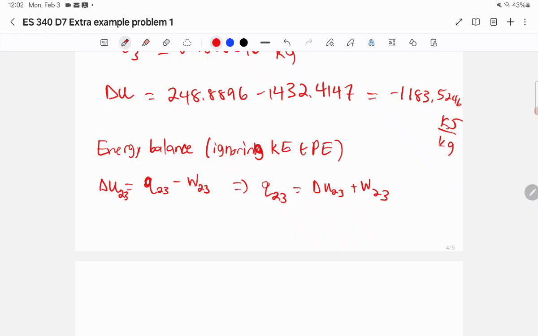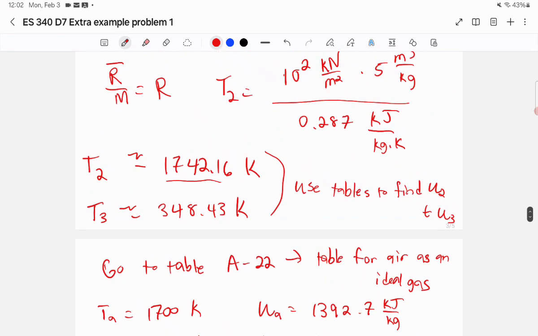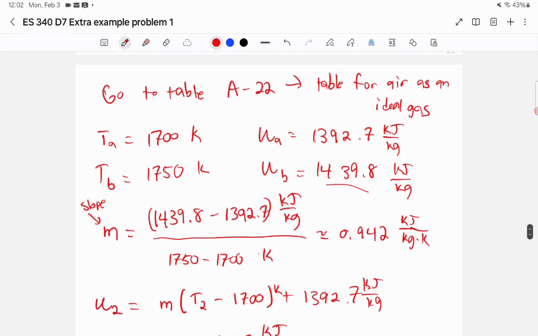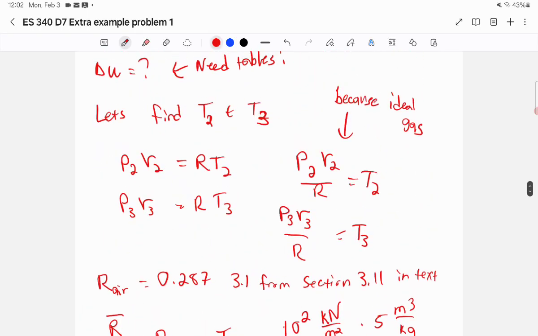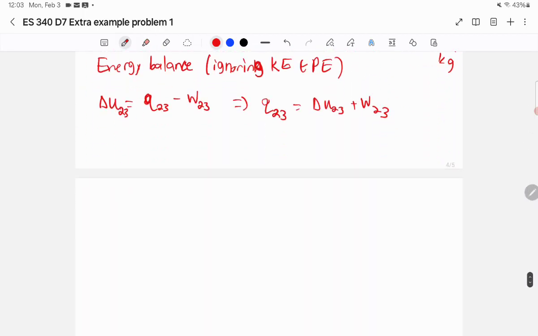And that was equal to, well, W was negative, as we recall up here. W23 was minus 400 kilojoules per kilogram.